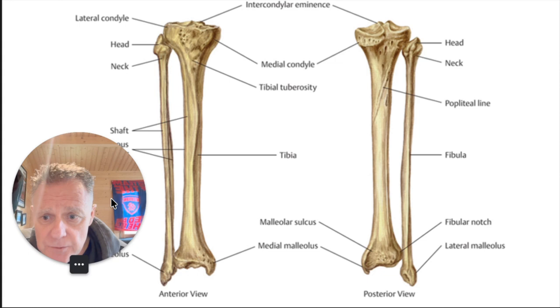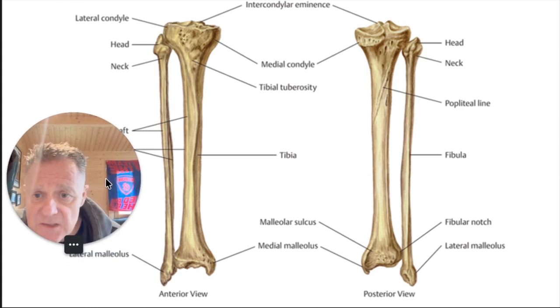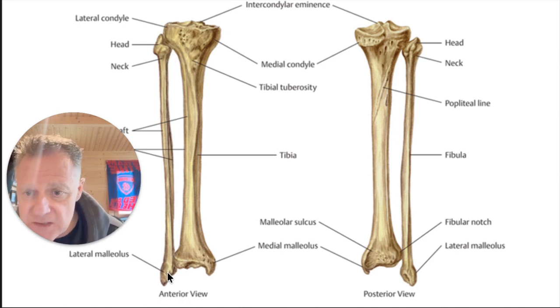All right, so landmarks of the tibia itself. So this is an anterior view. So this is tibia here and fibula, and anterior view and posterior view. It's worthwhile keeping a couple of things in mind. Fibula is narrower at the proximal end than it is at the distal end.